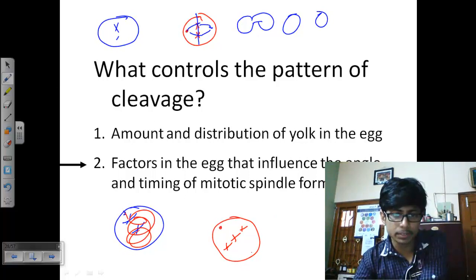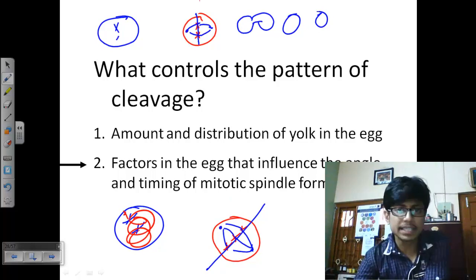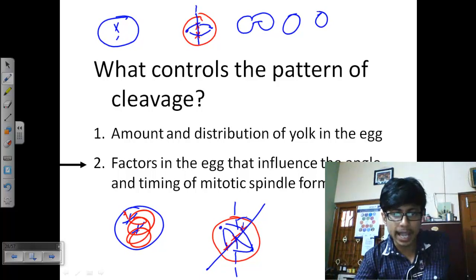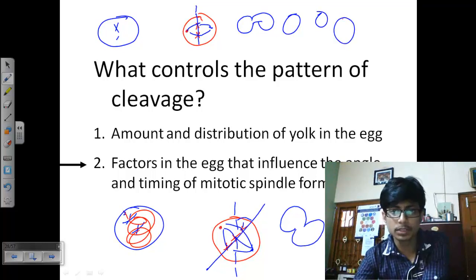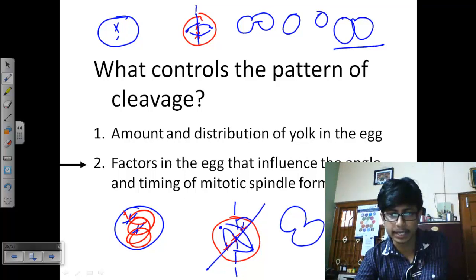So the MTOCs are holding on to the chromosomes from this angle, this angle. Previously the axis was straight, 90 degrees, but now there is an angle, so not 90 degrees. Then the cell will divide and produce two cells at this angle. Previously we produced two cells side by side like this, but now we are producing cells by this angle.